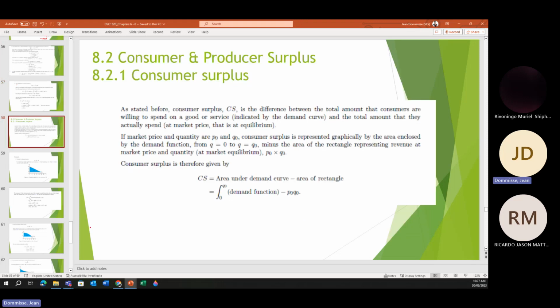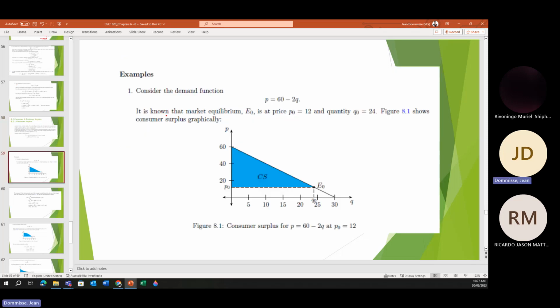Okay, so then the last component nearly that we need to look at is consumer and producer surplus. So what we're gonna do with a consumer and producer surplus is basically we're gonna work out the areas.